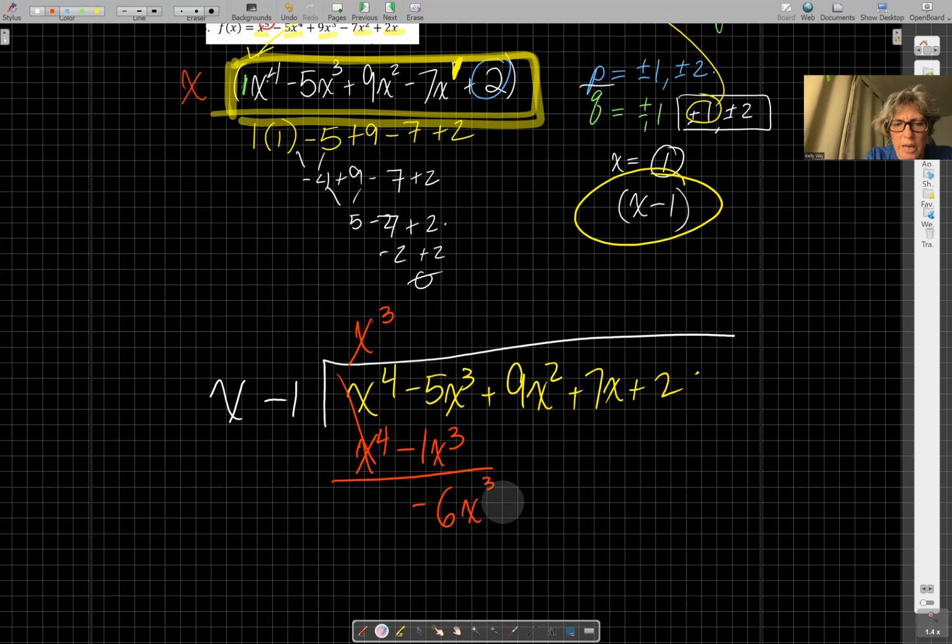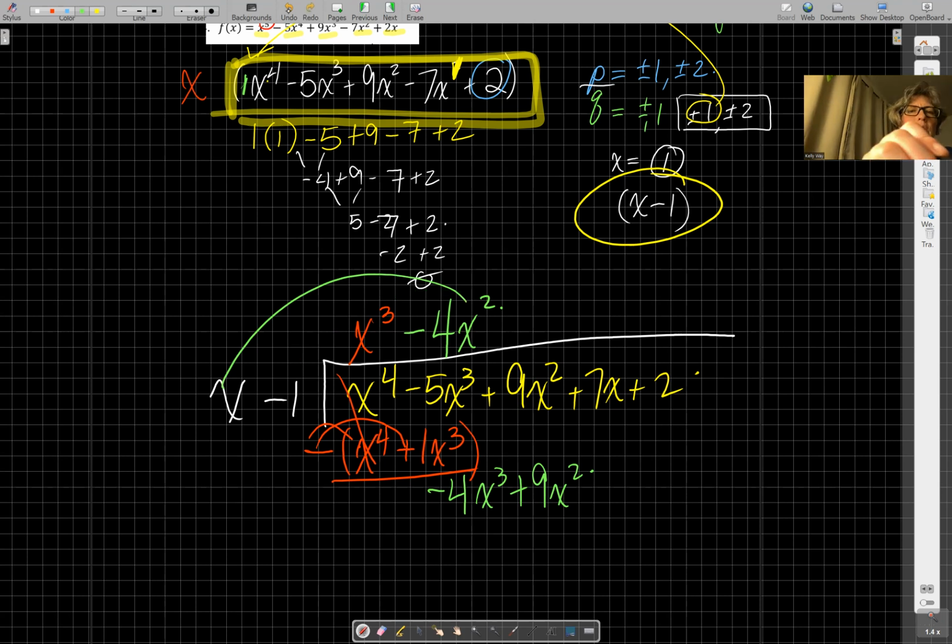Okay, a little mistake here. Technically, we are subtracting this entire thing, so I forgot to distribute that negative. So that makes that a positive. There we are. And so we're going to end up with negative 4x to the 3rd. I'm going to bring down the 9x to the 2nd. And so our next step is minus 4x to the 2nd. And again, you're distributing like this.